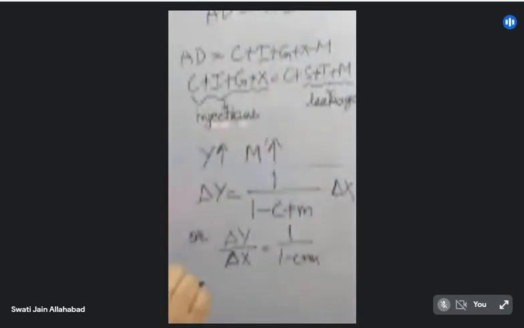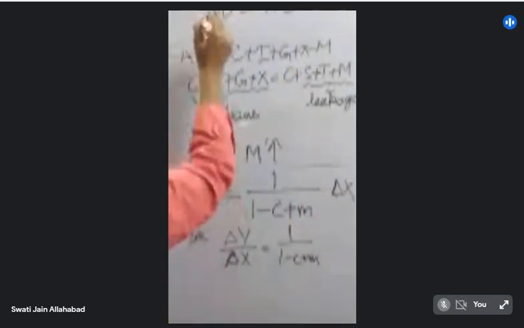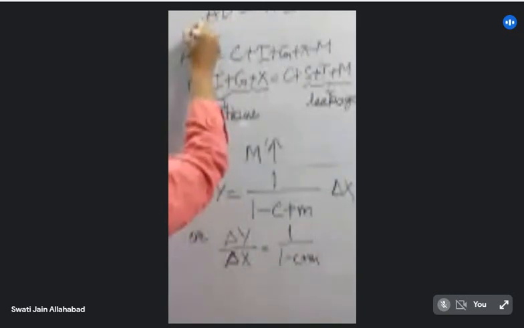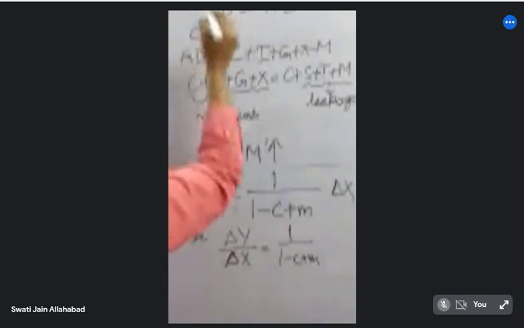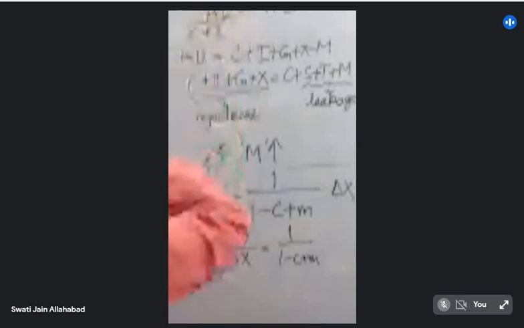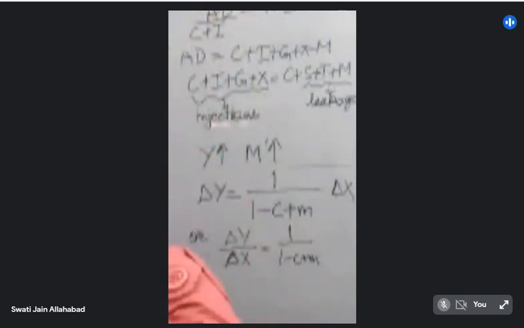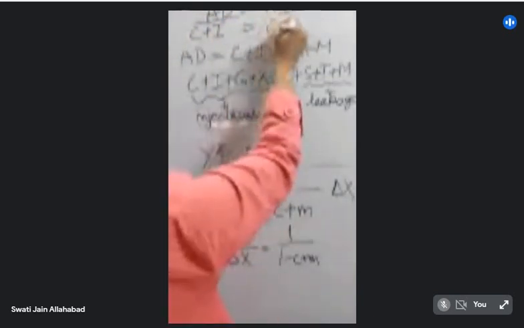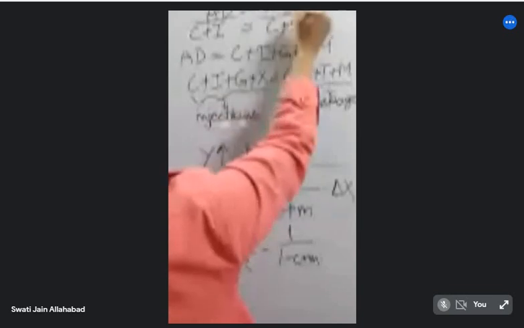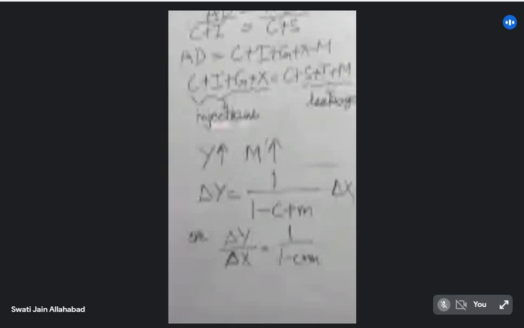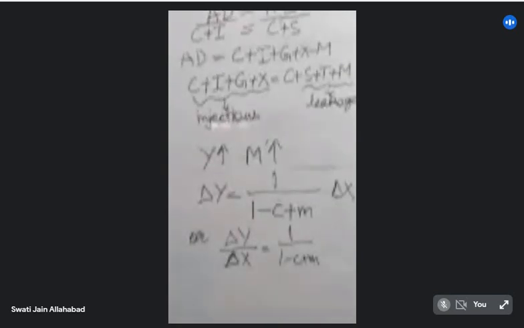Aggregate demand is always equal to C plus I, the demand side of the economy, and the supply side of the economy is equal to C plus S. So C appears as a common factor.